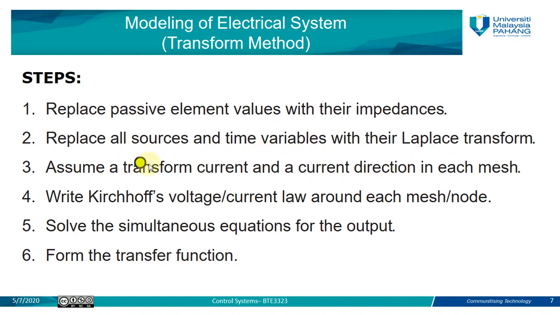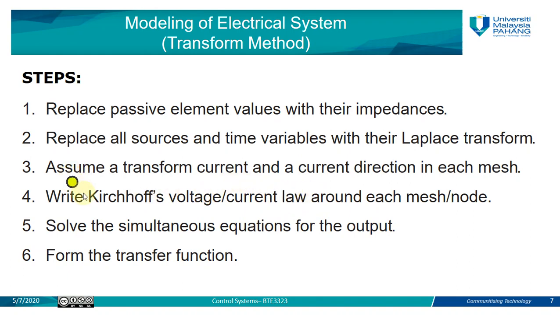Then we assume the direction of the current in our meshes, or the voltage at our nodes. If we use mesh analysis, we need to assume the direction of the currents I1, I2, I3 in each mesh. If we use nodal analysis, we need to assume the polarity of the voltages V1, V2, V3.